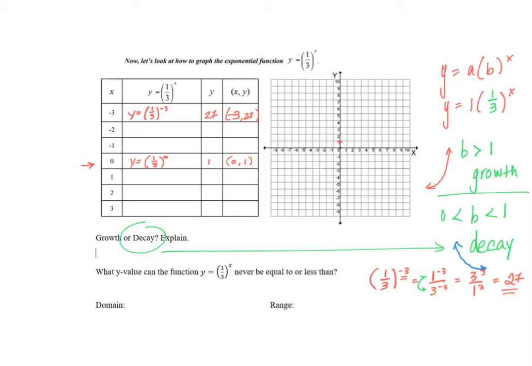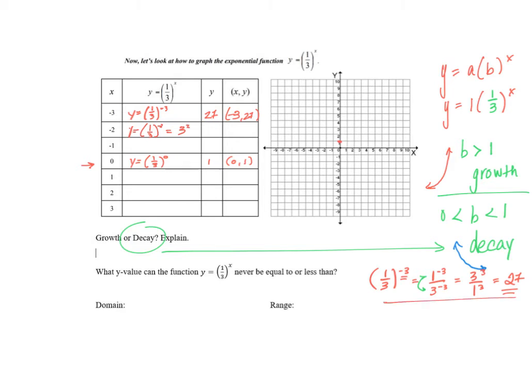If I have negative 2 as an input, now that means I have my y that is equal to 1/3 to the negative second. Again, that's going to take the reciprocal of my fraction, so that is going to be the same thing as taking 3 and squaring it. Does that make sense?